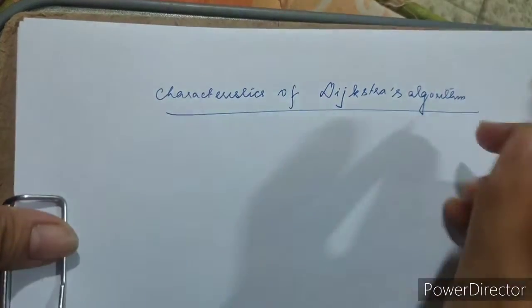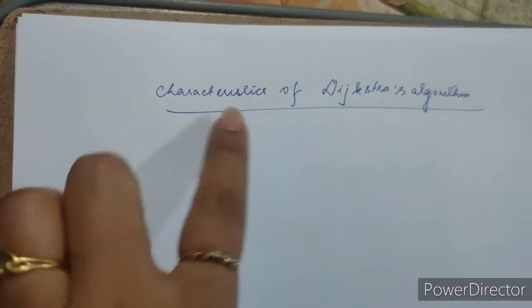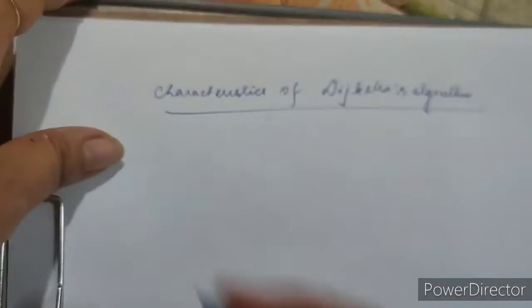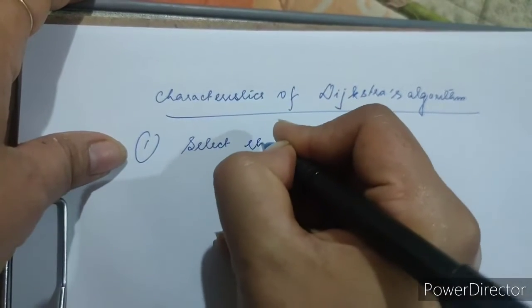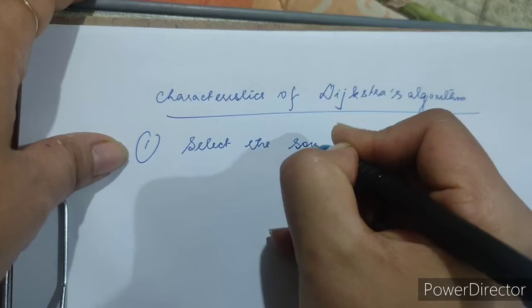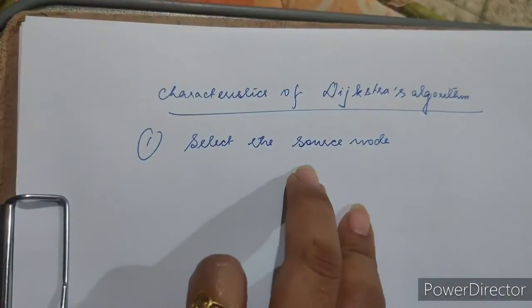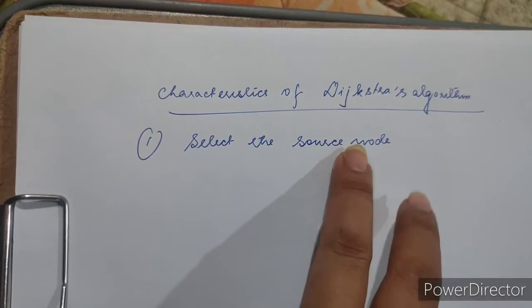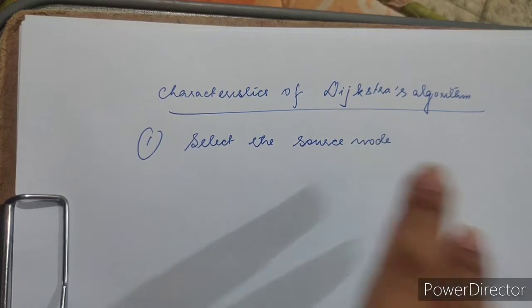So how is it going to work? Basically, this algorithm begins from a node to be selected. First we have to select the source node, and it examines the entire graph to determine the shortest path between that node and all the other nodes.